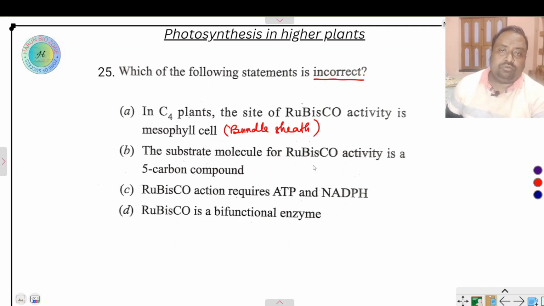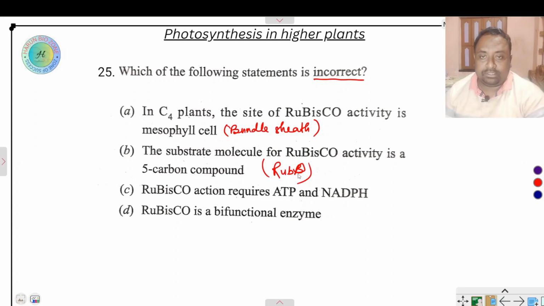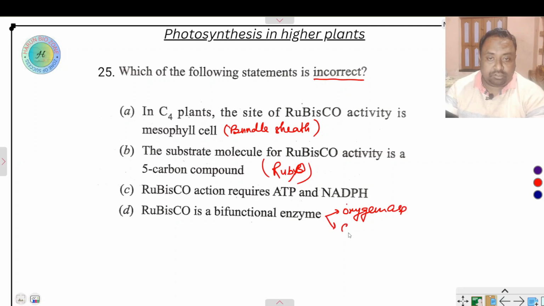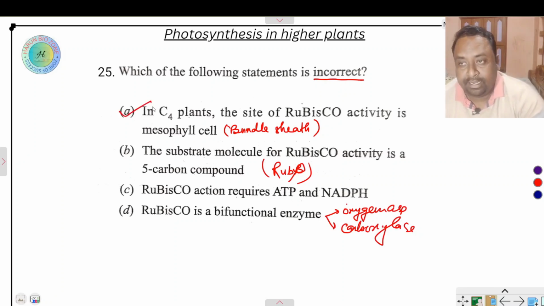The substrate molecule for Rubisco activity is 5-carbon, definitely ribulose 1,5-bisphosphate, RuBP. Rubisco action requires ATP and NADPH, is right. Rubisco is a bifunctional enzyme because it has oxygenase and carboxylase activity. Clear? So here the incorrect option is A.